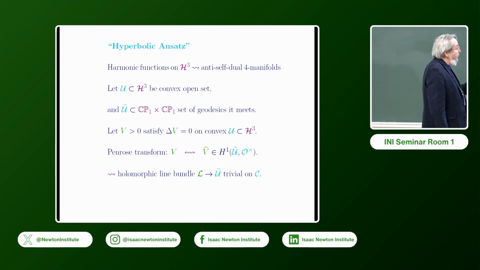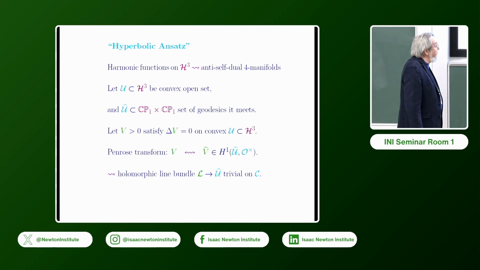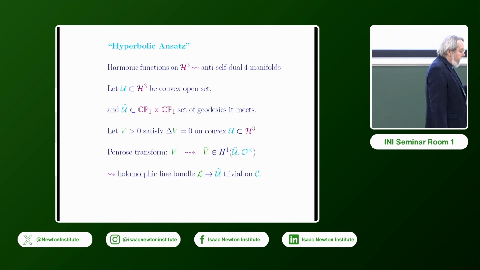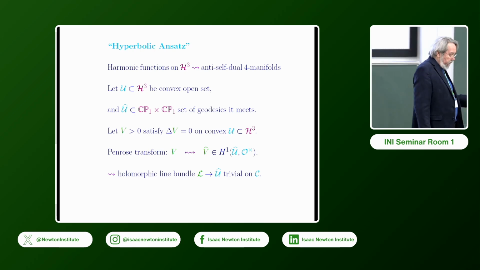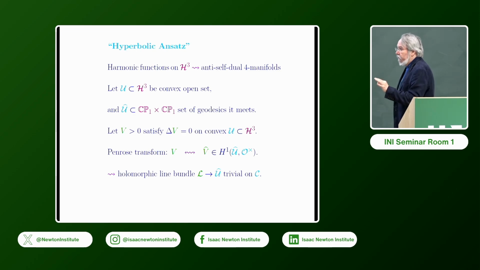In fact, the mini-twistor lines contained in this subset are deformation retractions of it. So the condition is the same as saying that the first Chern class vanishes on one of those CP1s, but that's true if and only if on the CP1 the line bundle you're talking about is holomorphically trivial.